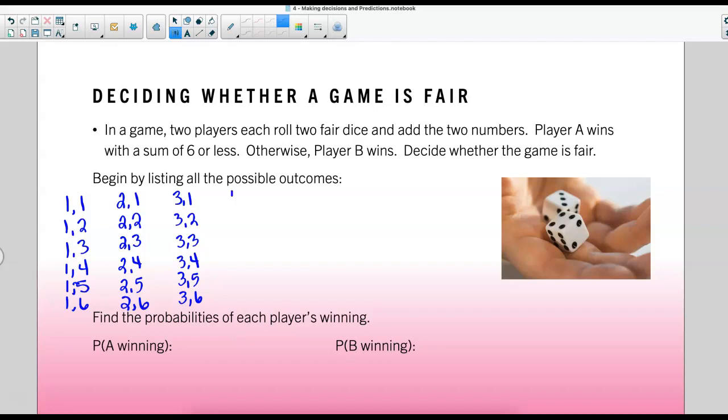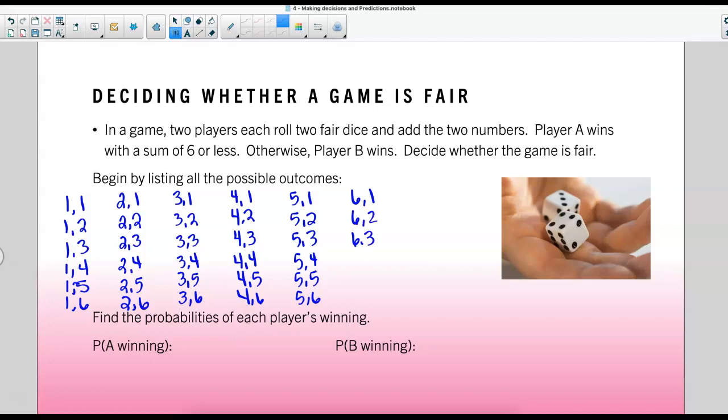Then you could roll a 4 and a 1, 4, 2, 4, 3, 4, 4, 4, 5, 4, 6, 5, 1, 5, 2, 5, 3, 5, 4, 5, 5, 5, 6, and finally 6, 1, 6, 2, 6, 3, 6, 4, 6, 5, and 6, 6.